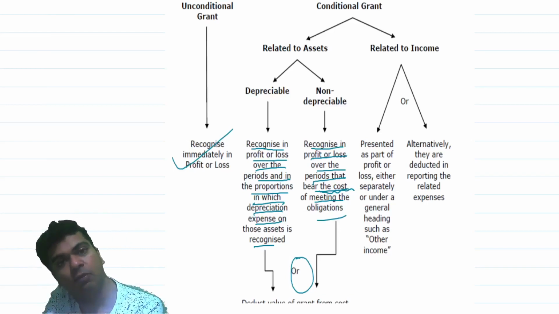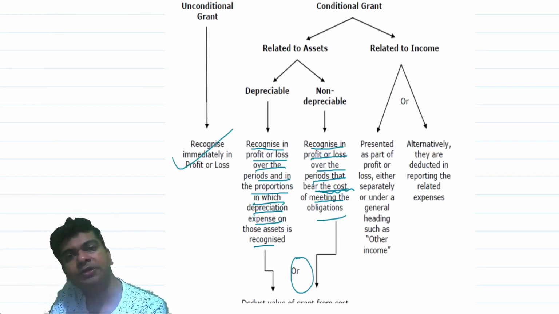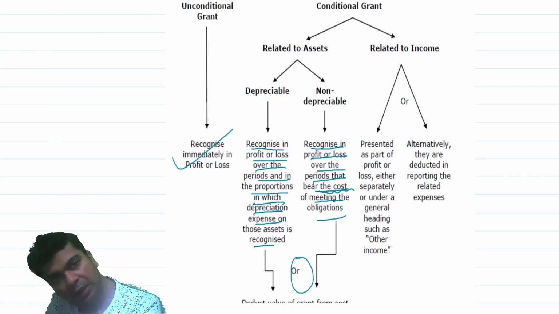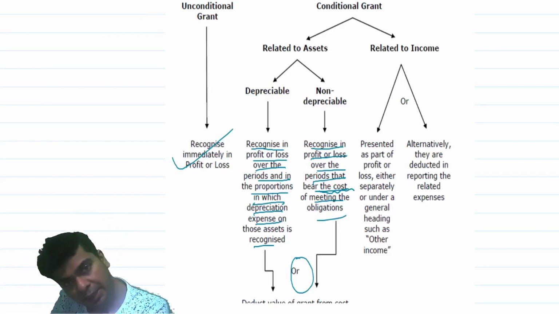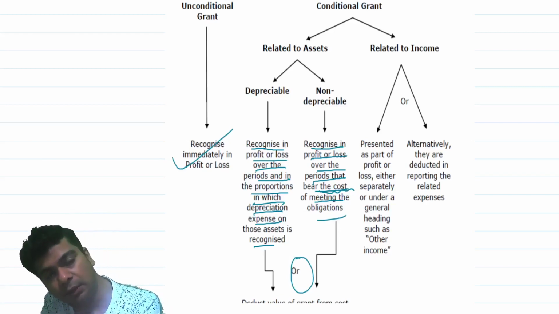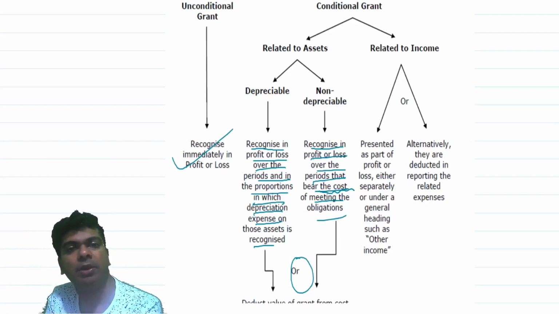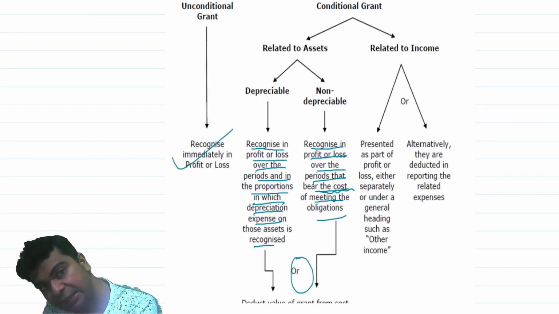The second alternative is that your cost is 10 lakhs, government grant is 3 lakhs. Instead of debiting 10 lakhs of salary to the P&L, debit 10 lakhs minus 3 lakhs, that is 7 lakhs of rupees, to your P&L. These are the two ways in which a government grant related to income can be presented in our financial statements.